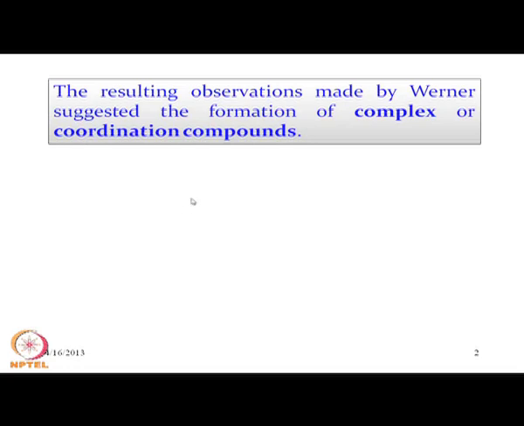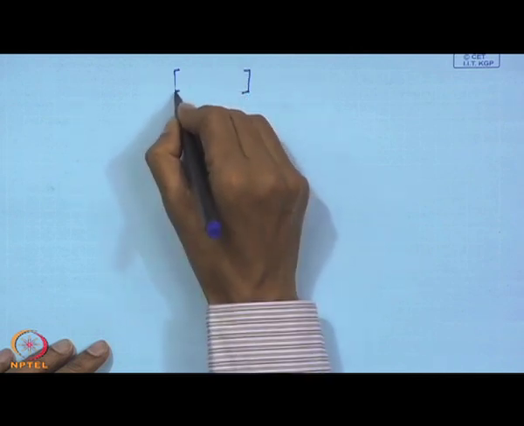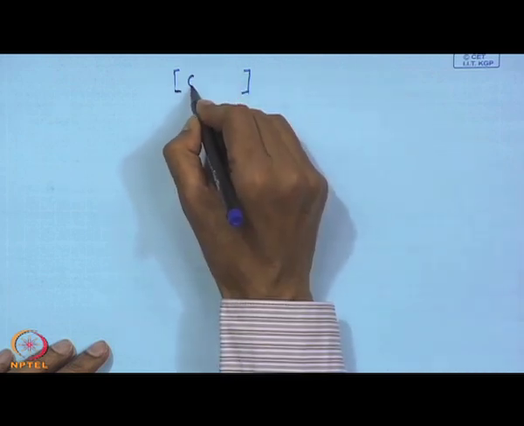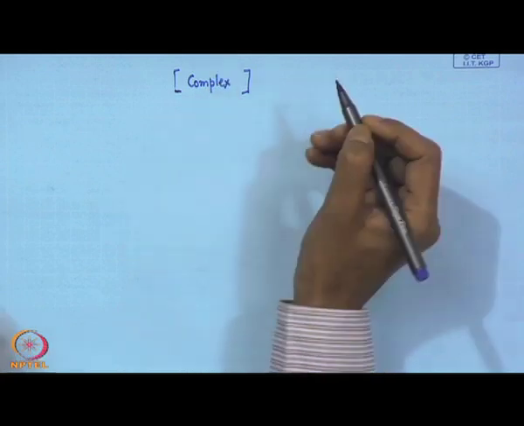So, what basically we are getting there is what Alfred Werner made at that particular time, by this observation, and he was compelled to suggest that the formation of complex or coordination compounds has taken place. So, whatever we are getting as the reaction product of cobalt chloride with ammonia is a new species forming over there, which he labeled as a complex.